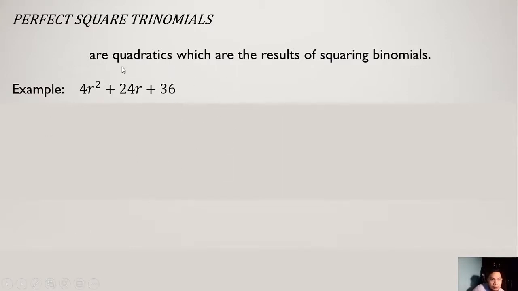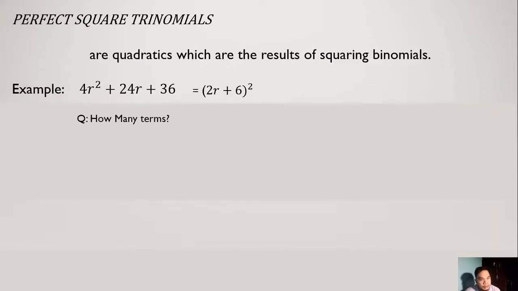This is an example of a perfect square trinomial wherein if you factor 4r squared plus 24r plus 36, it will give you 2r plus 6 multiplied by 2r plus 6, which can be shortened as 2r plus 6 quantity squared. It means that when we square 2r plus 6, it will give us 4r squared plus 24r plus 36.